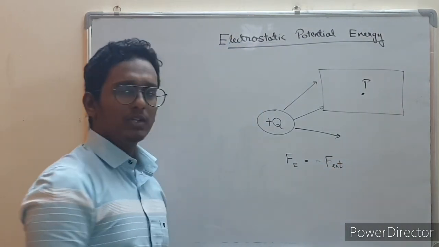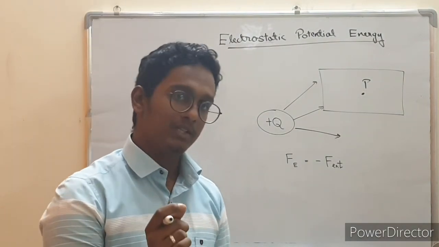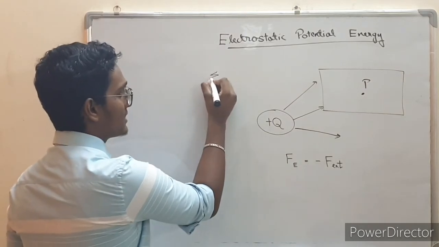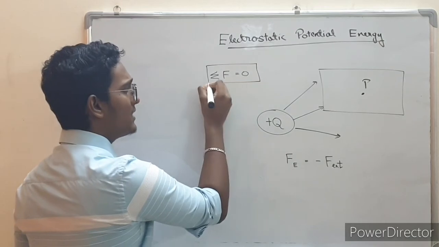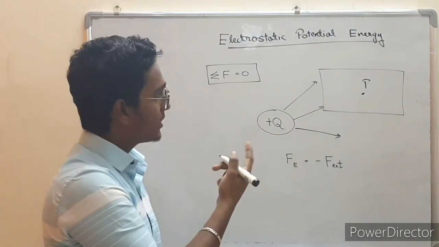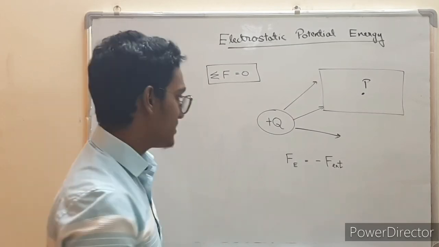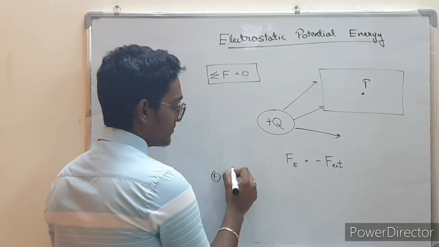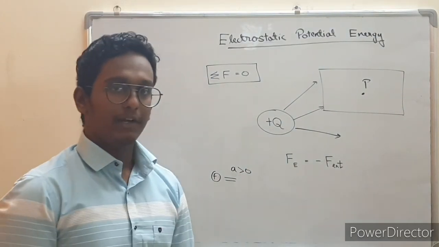The reason why these both are equal is so that the net force acting on the particle is 0 and it's moving with a constant velocity. The condition for constant velocity is that the sum of all forces on that body should be 0. Or else, if the force had a non-zero value, that means there exists an acceleration, which we do not want. And a charged particle, when it is accelerating, will produce electromagnetic radiation.